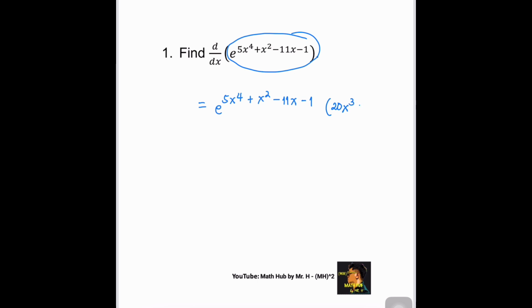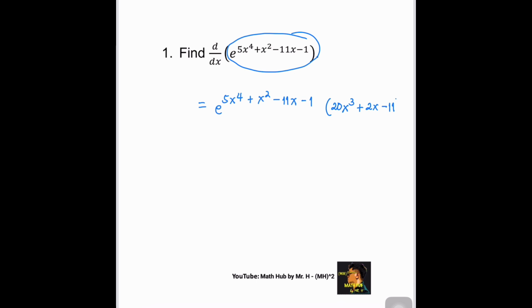Next, the derivative of the second term, x squared, will be 2x. And the derivative of the third term is negative 11. And the derivative of the last term, which is a constant term: the derivative of any constant is 0.